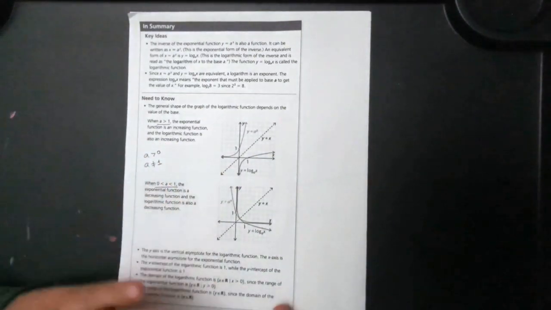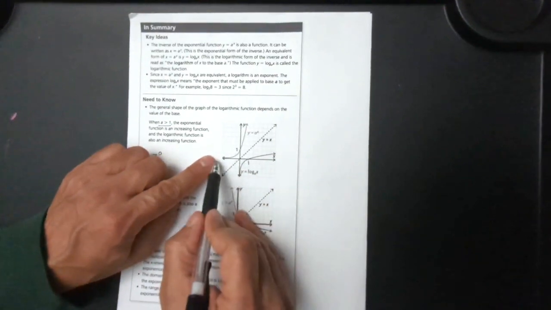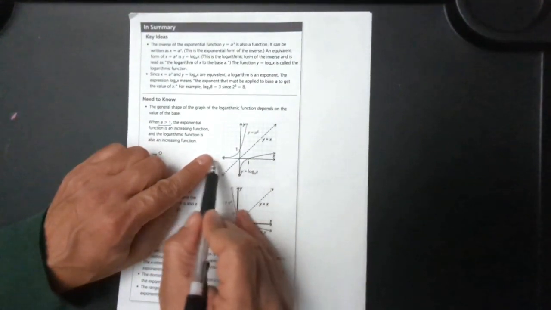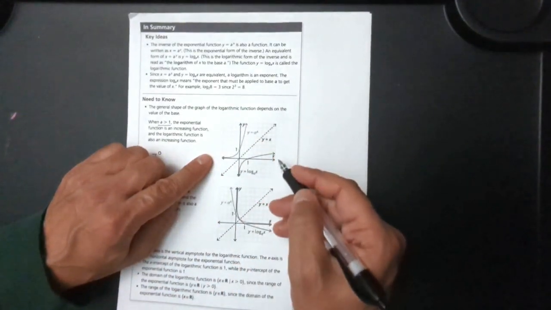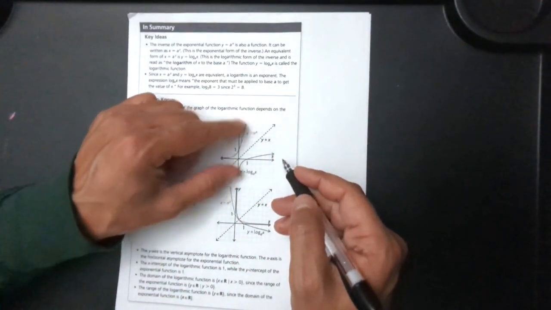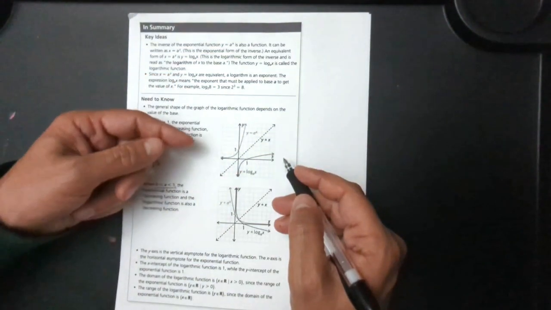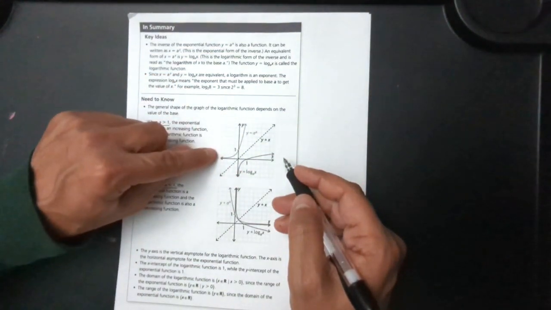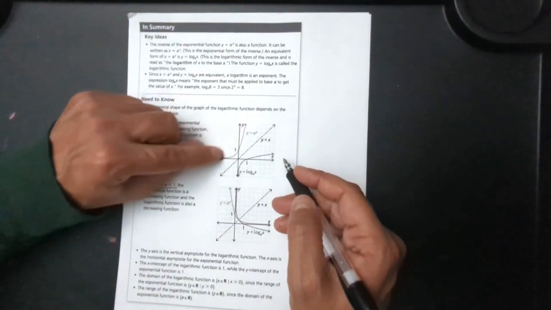So everything basically switches. The domain of the exponential function is minus infinity to plus infinity. That domain becomes the range of the log function. So the range of the log function is minus infinity to plus infinity. The range of the exponential function is the positive side, right?